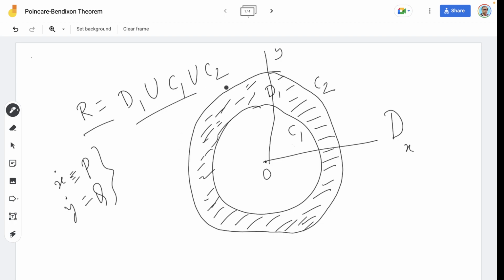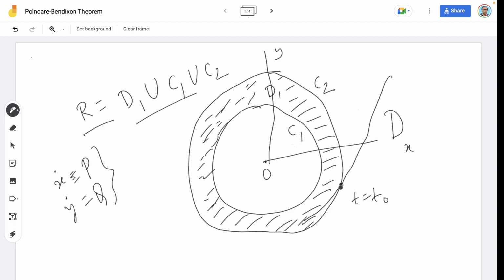Let C plus be defined by some trajectory. Suppose this point is the starting point of the trajectory of this system. This point is t equal to t0.